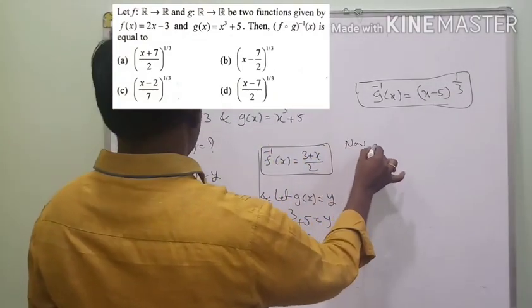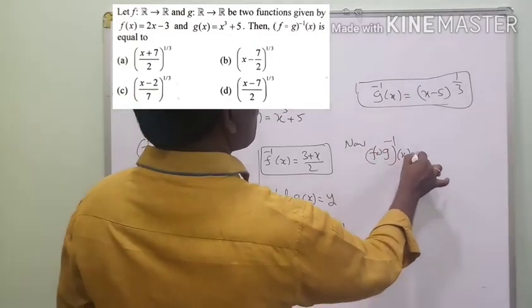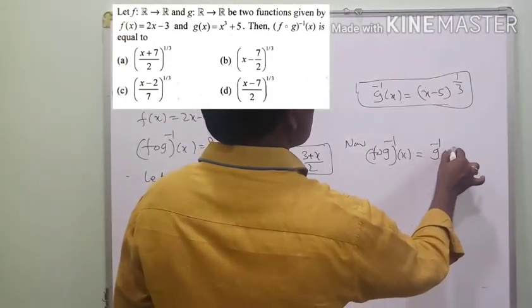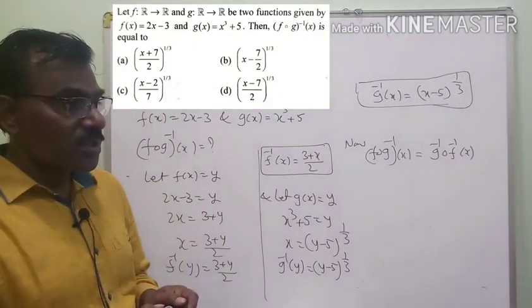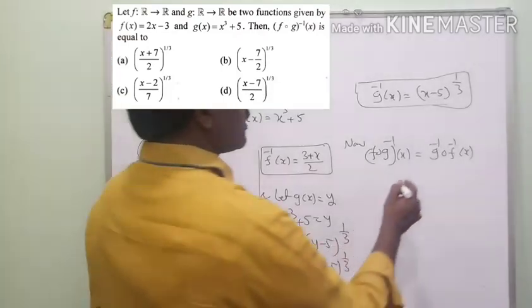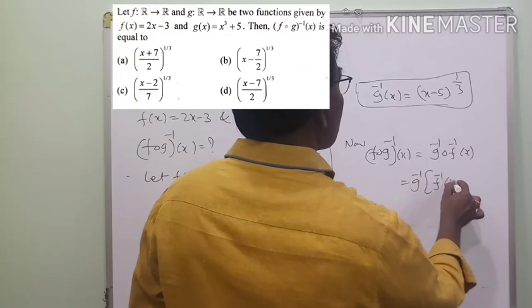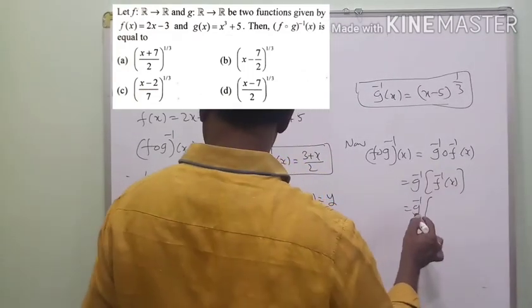Now (F composition G) whole inverse. We know this property, the reversal law: G inverse composition F inverse of X. Now G inverse of F inverse of X. What is F inverse of X?